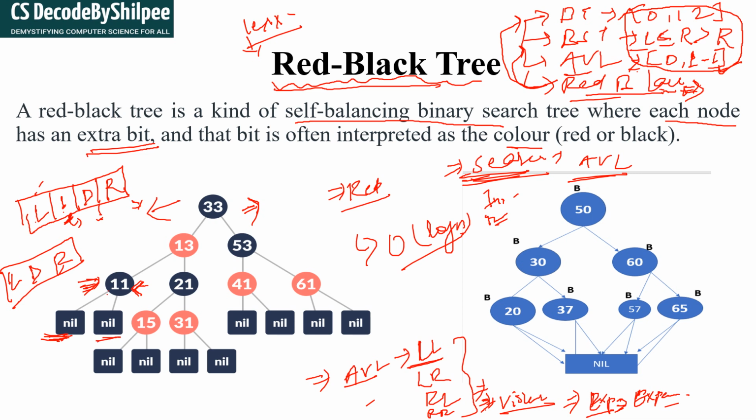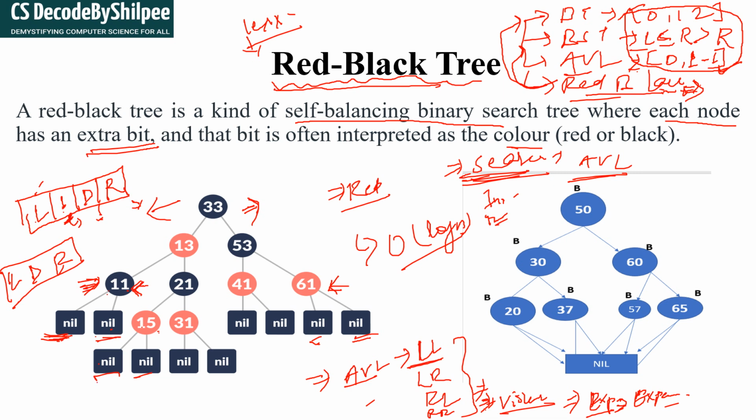So for whatever leaf node, the left child and right child will be null or nil. Null or nil, both are the same. It means nothing, and their color will be black. So 11 is a leaf node, and their color is black, and 15 is a leaf node, with no left and no right, so I have just assumed null.